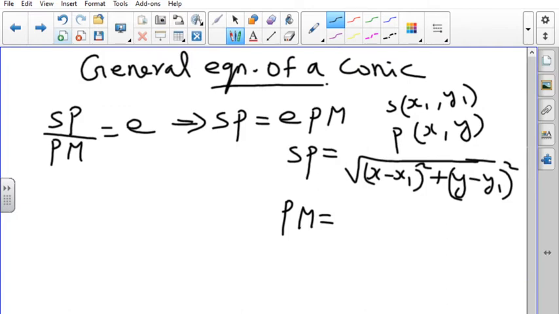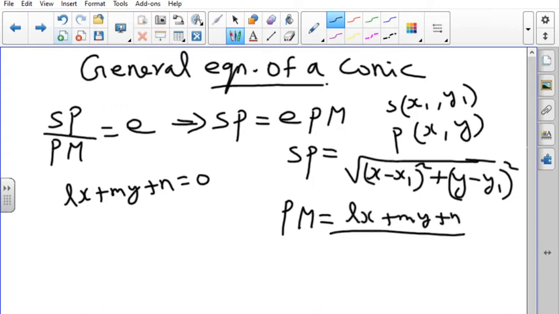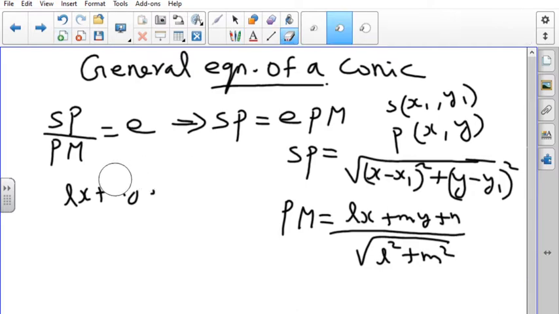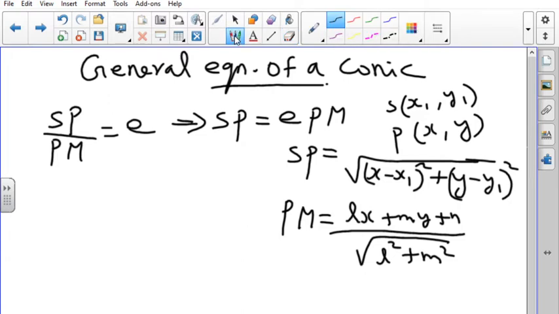If you take line L as Lx plus My plus N equal to 0, then the perpendicular distance from x comma y to the line is Lx plus My plus N by root of L square plus M square. This also you have studied already in plus 1. Now SP is equal to E into PM.